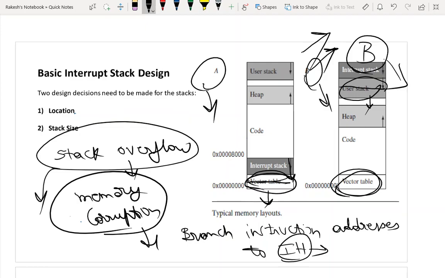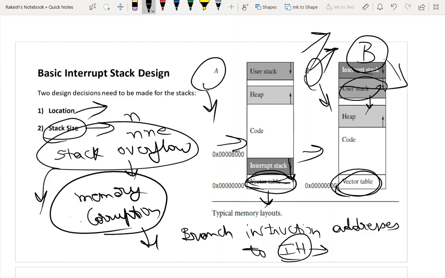Okay, so this is what I wanted to discuss about the stack design. I hope everyone understood the purpose, why we go with the two typical memory layouts, and what the need is. There are two design decisions one takes for the stack: location, where he wants to put the stack, and stack size, which depends on nested and non-nested handling.